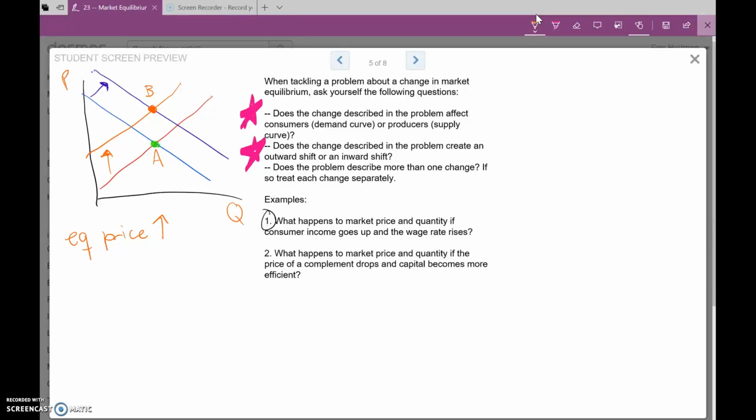There are two factors going against each other here. Consumer incomes have gone up, which would normally mean that the quantity exchanged should go up because people can afford to buy more. But at the same time, wage rates went up, and that would raise costs and shrink supply.